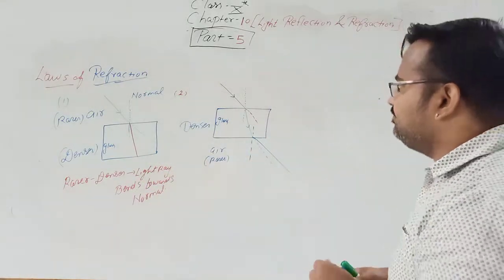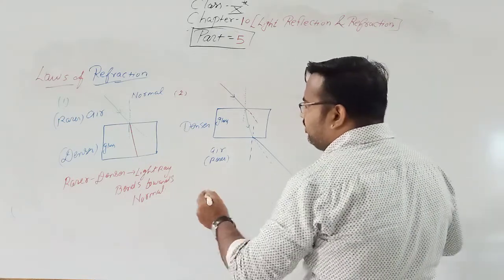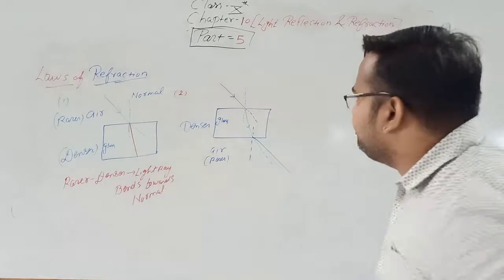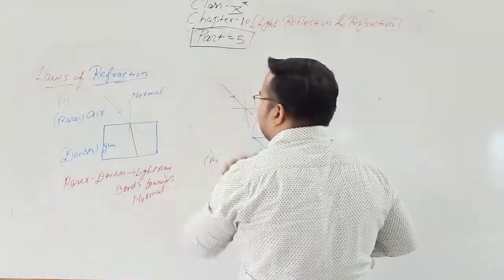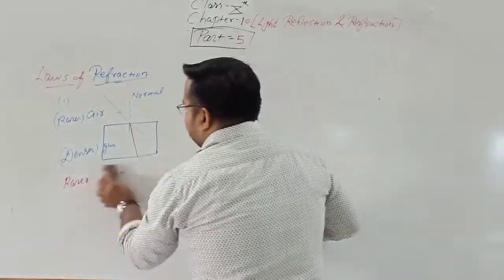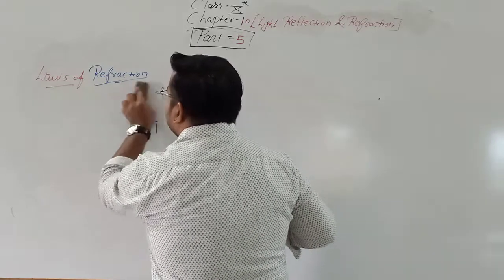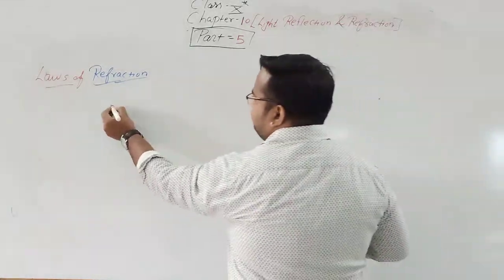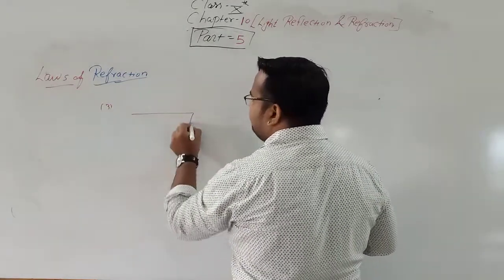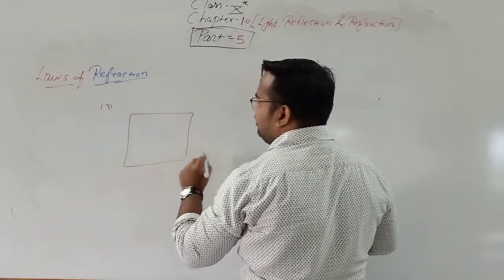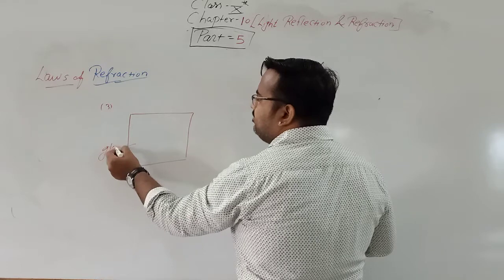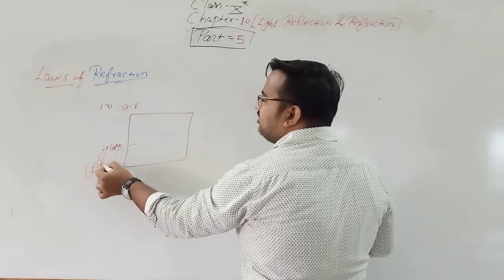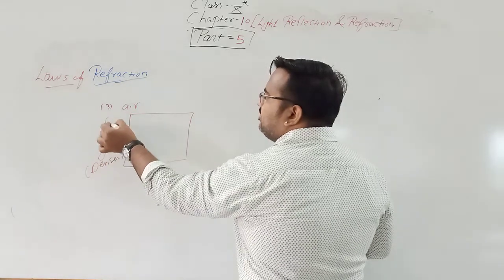Now, third law. The third law says that, for example, this is glass slab, this is air, glass is denser, air is rarer.